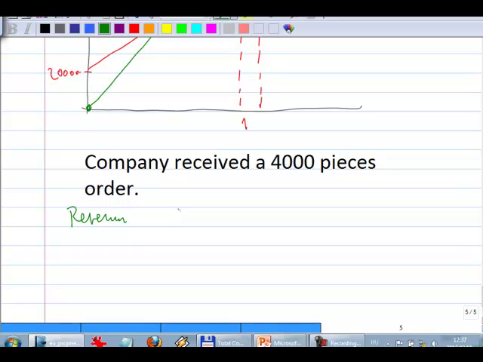Total revenue. Okay. So price is 40 euro per piece times 4,000 pieces. How much? €160,000.